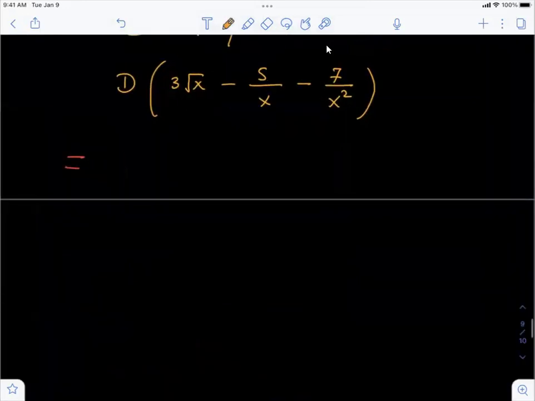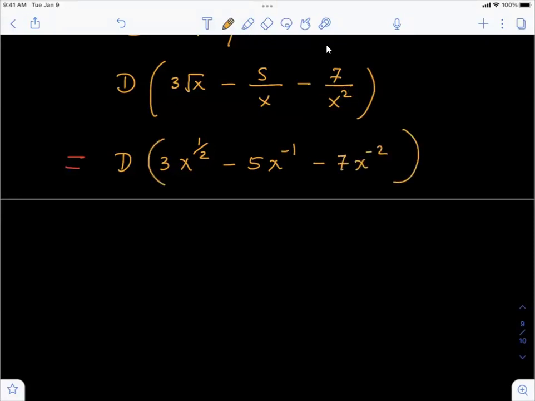Here, to take the derivative, even without doing anything, I can show you the way to write the square root of x as x to the 1/2 as a power. And then this can be written as a power again, 5x to the -1. And then the next one, x squared in the denominator, that's 7x to the -2.